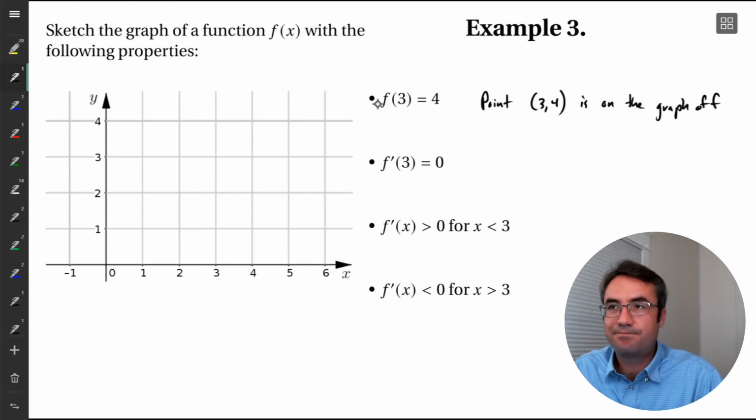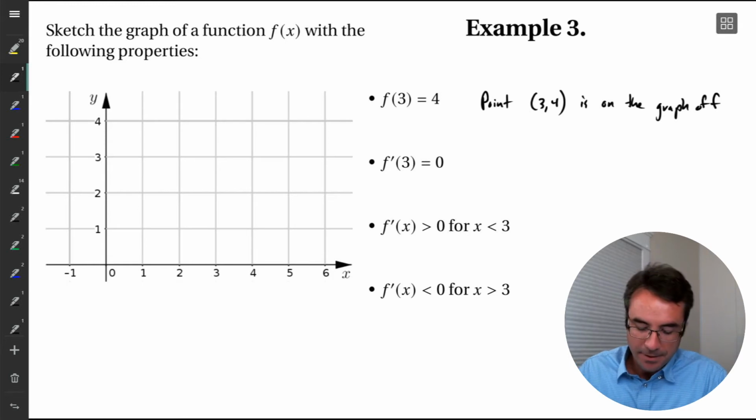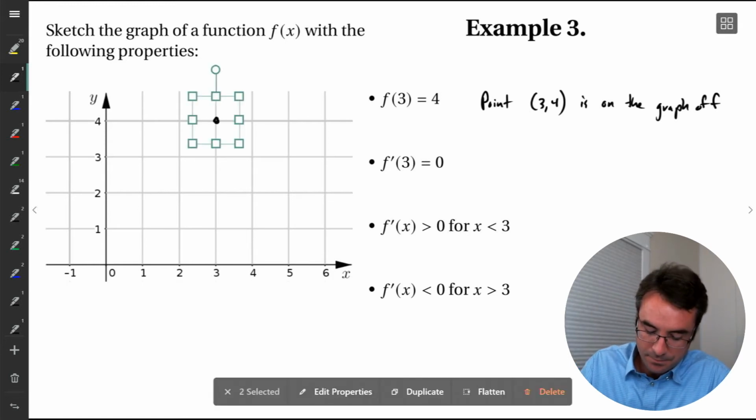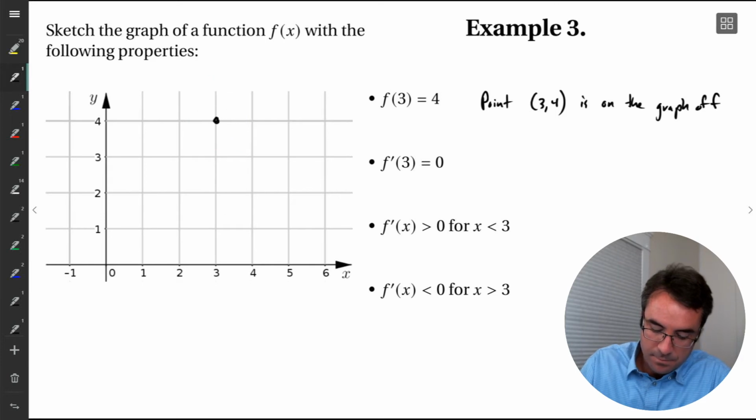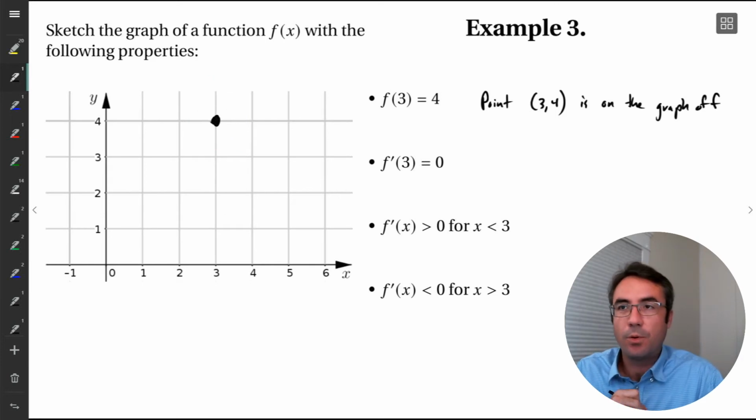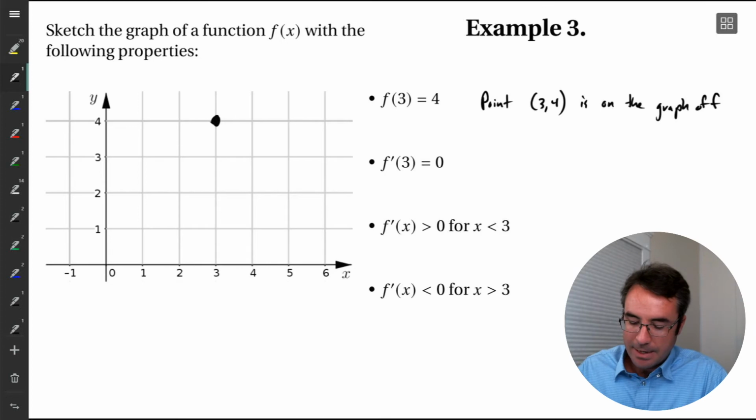The x-coordinate here is 3, and the output here is our y value. This gives us a starting place for where to sketch our curve. So let's plot (3, 4). There's our point.